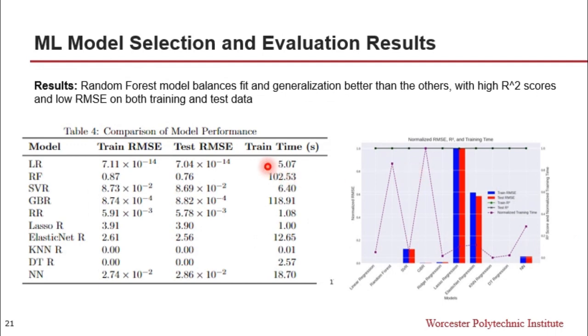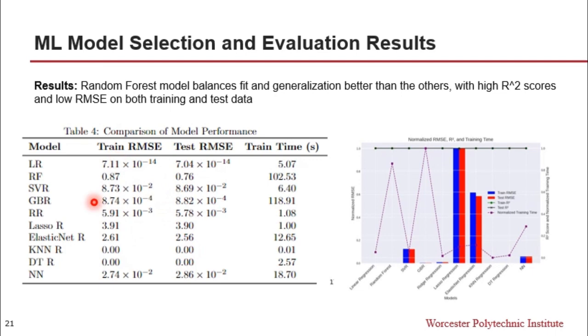Here is the result for machine learning model selection and evaluation. As you can see, we used several multi-regression models, and we used the raw data set here, just pre-processed using normalization, to create their train RMSE and test RMSE values, and at the same time training time.